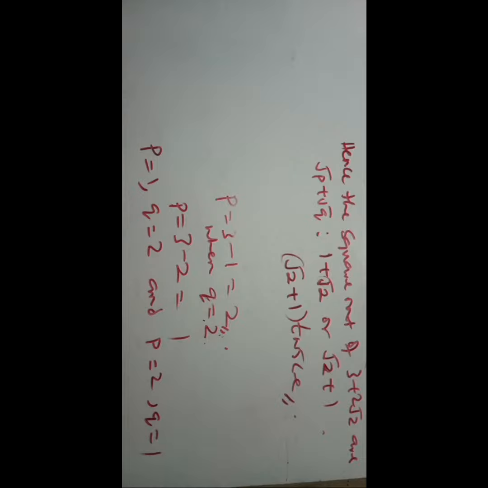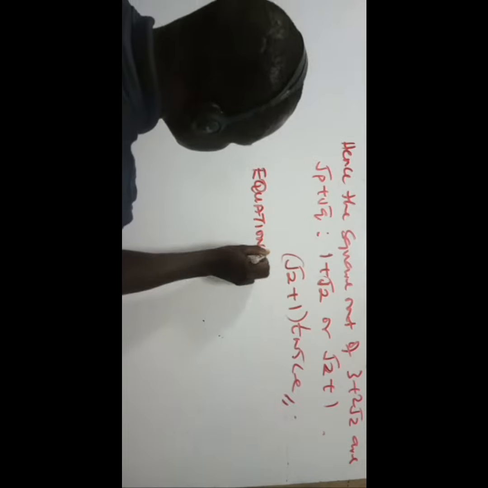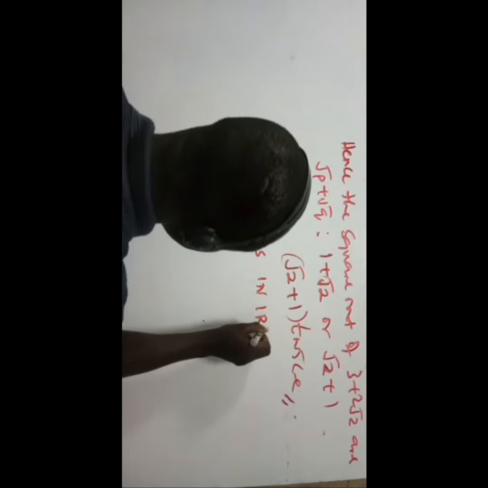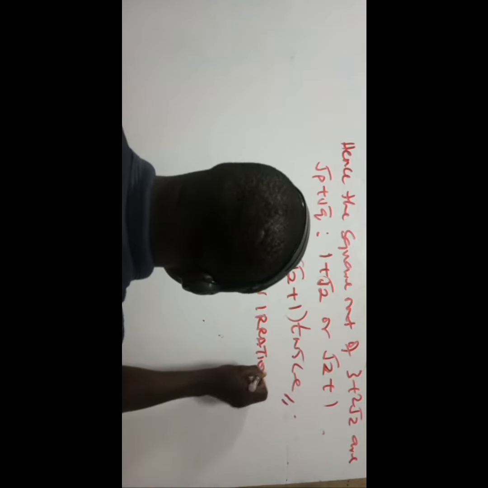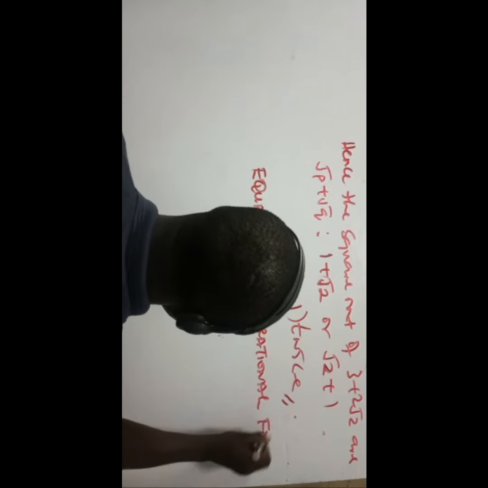Now let us look at the last concept, and that last concept is called equations in irrational form. Of course, we might have such equations on several occasions.